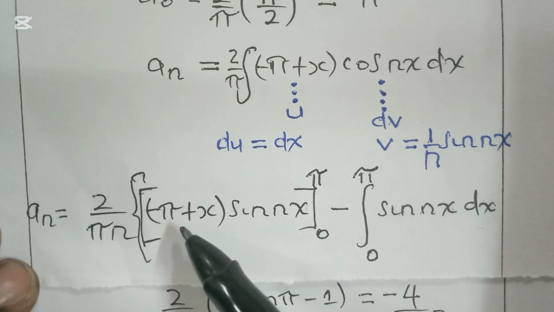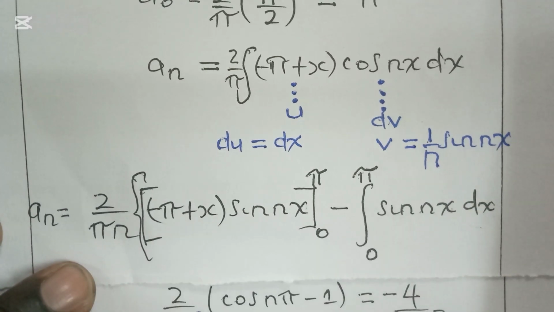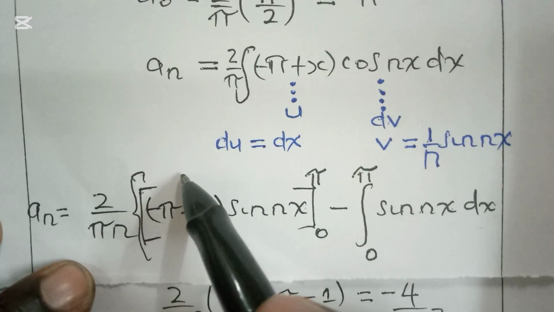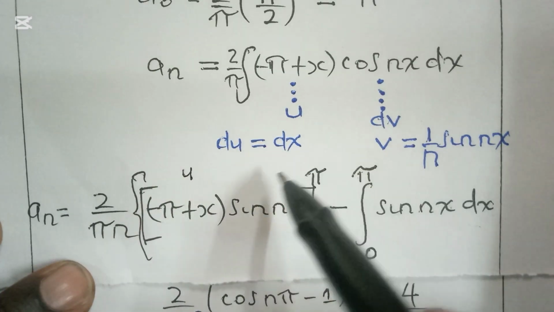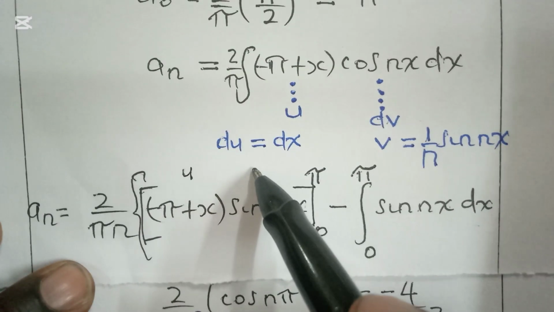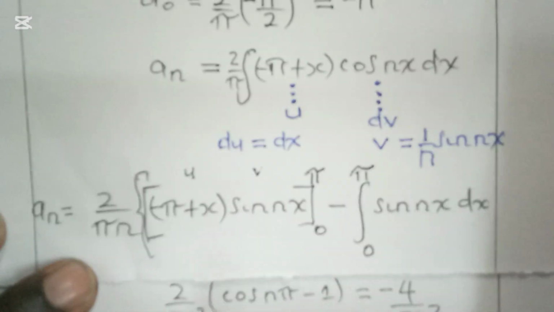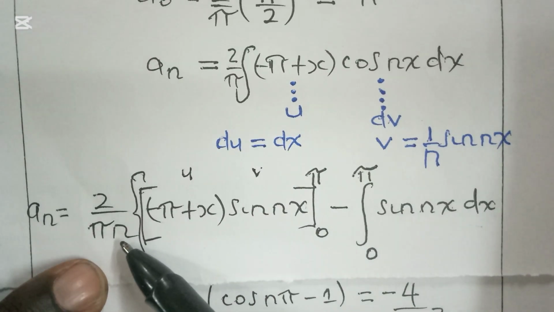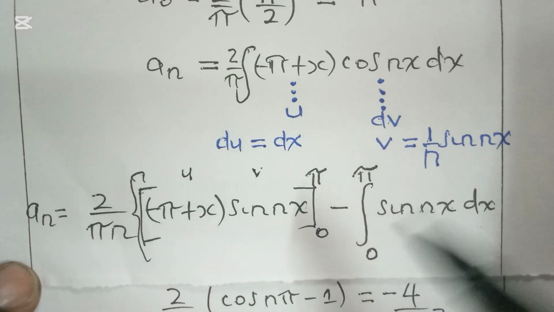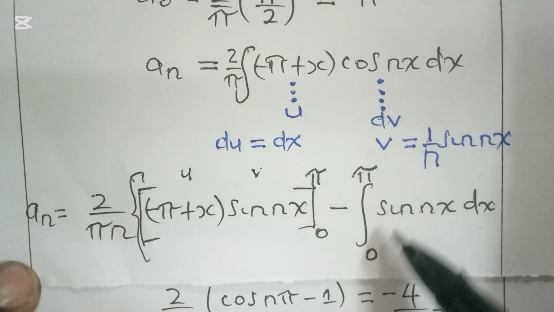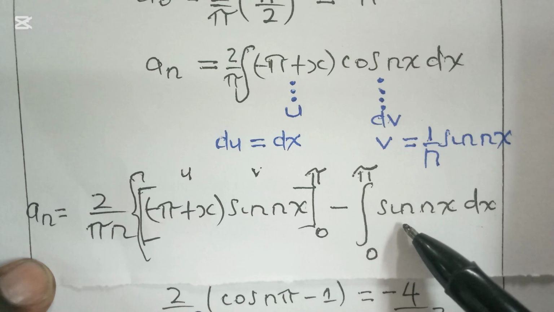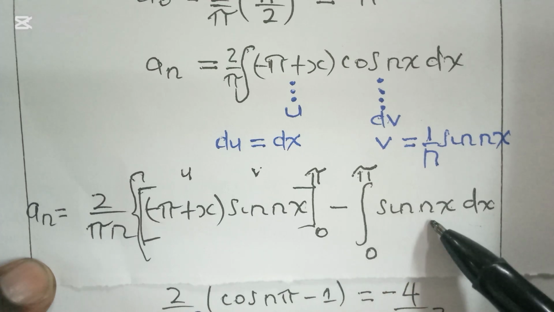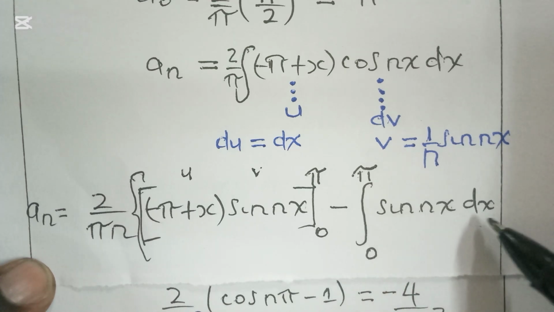And so guys, I have come here and put that into place, whereby this is now u, and this is now going to be v, and remember this v, the n, I have factored it out, and then we say minus, this is now going to be dv, which is sine nx, and then we have the du there.